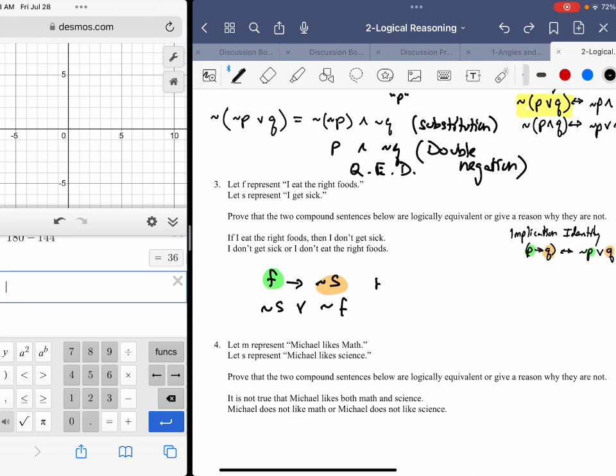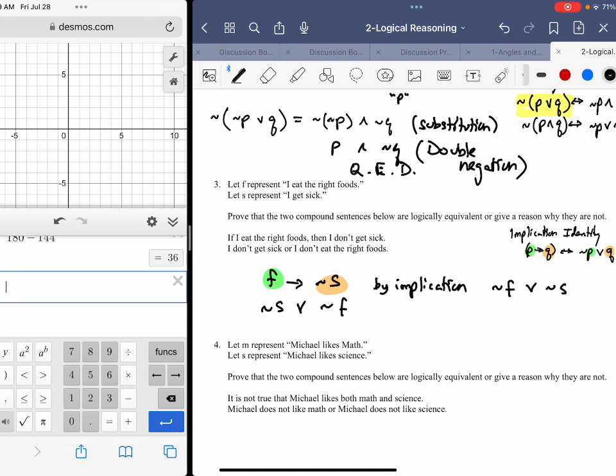So by implication, this is going to become not F or, again, the not was built in there. I'm just replacing the P with an F, or the Q is replaced with a not S.